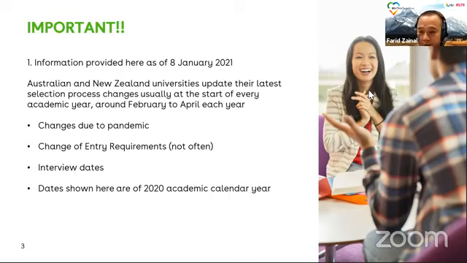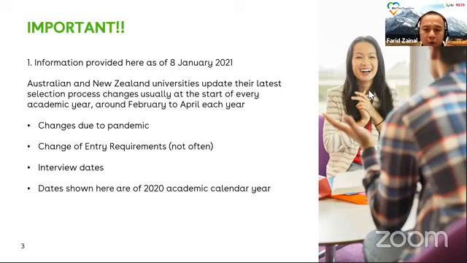As we can imagine, there were changes made to last year's selection process due to the sudden outbreak of COVID. The good thing is that the universities would have smoothened the process better for this year due to last year's experience. A good example would be having to change the face-to-face interviews to Skype or Zoom ones, due to the difficulty of traveling overseas after the outbreak.